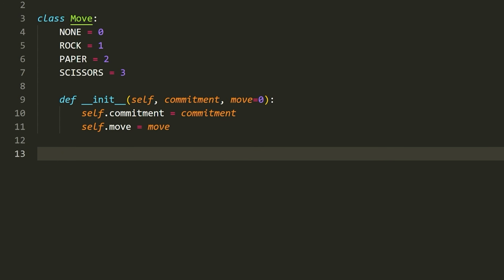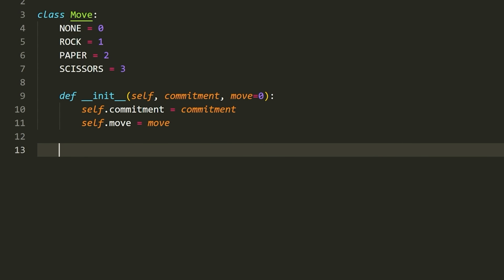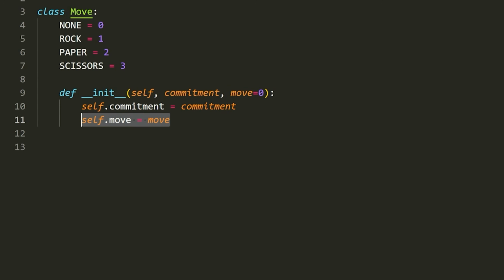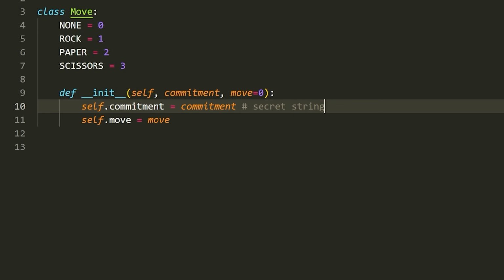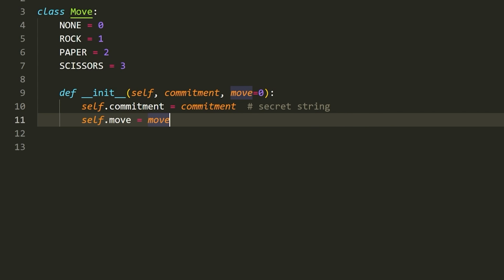Now the idea here is that we're just going to have a class that will store the commitment and the finalized move for each of our players participating in a challenge. So the commitment is going to be the secret string, right? And the move itself will actually be what the move is from this commitment. But remember, when we first create the challenge and accept it, we're just going to have the secret string, and it's not until the players reveal their move that we're going to actually know what their move is.